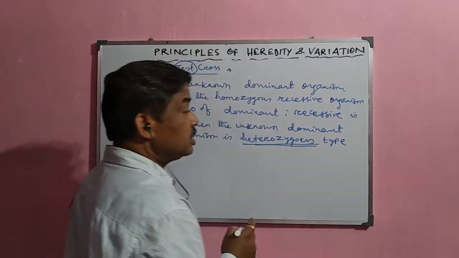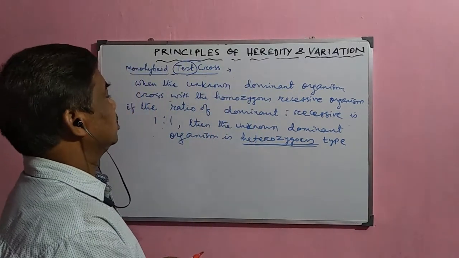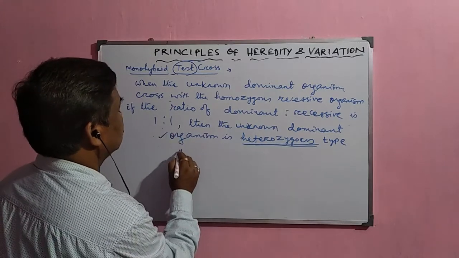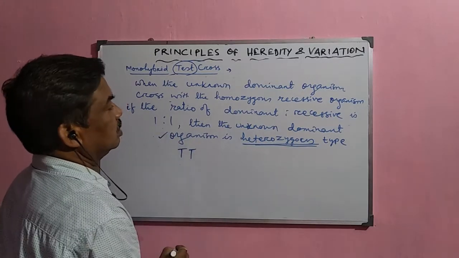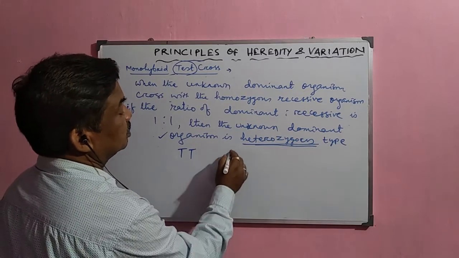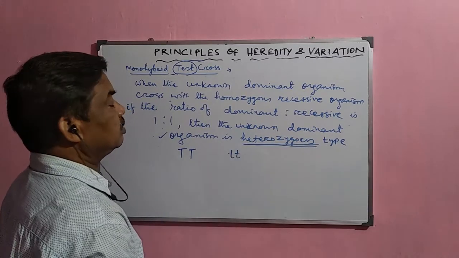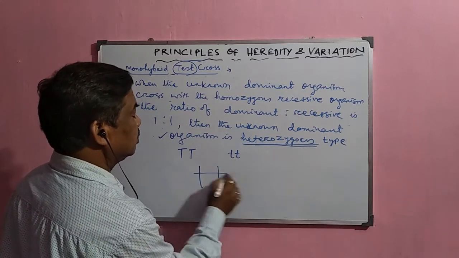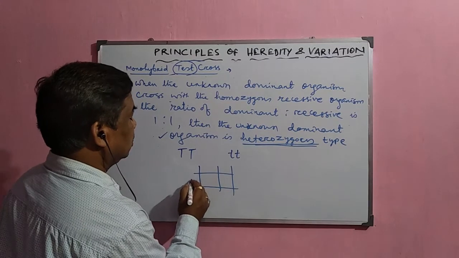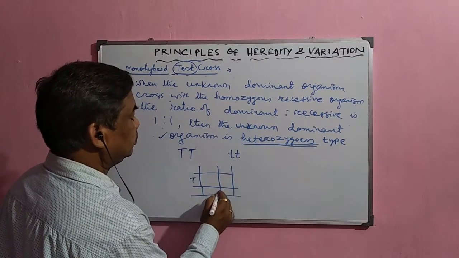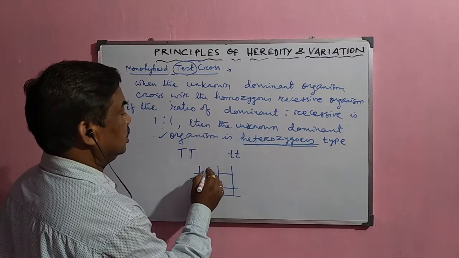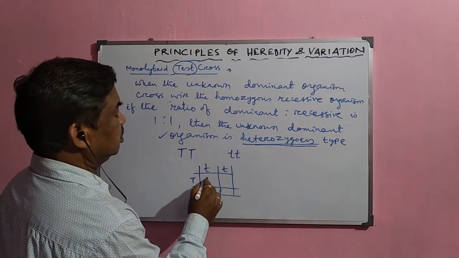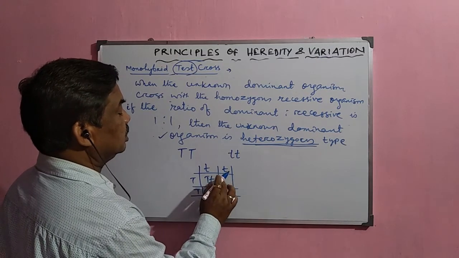And if it is not, then automatically it is homozygous. Suppose it is homozygous, and when we cross it with small t, then what will happen? Here all are T, so here all will be the same, all tall.